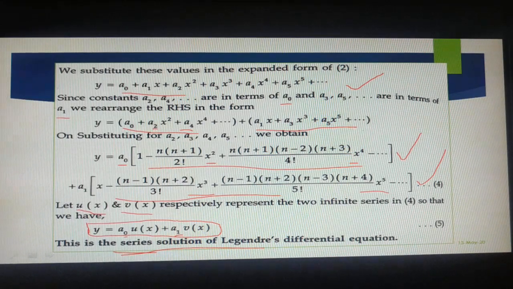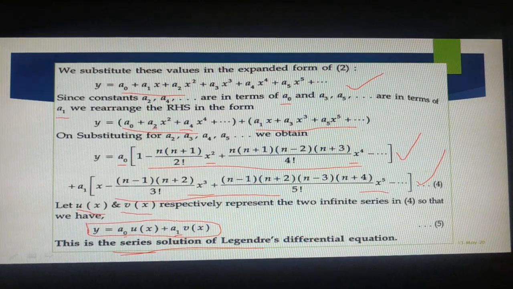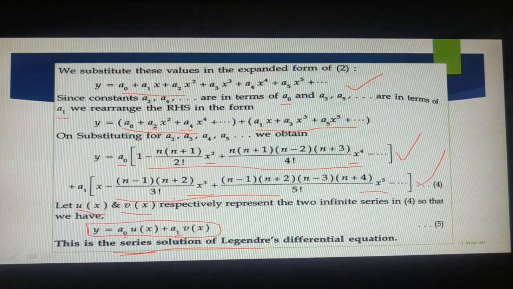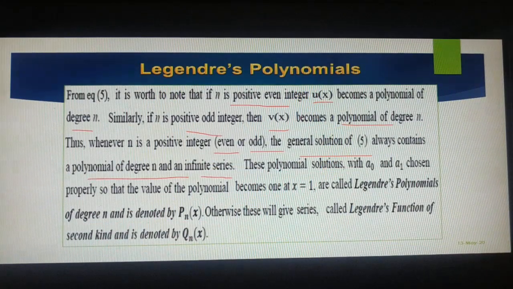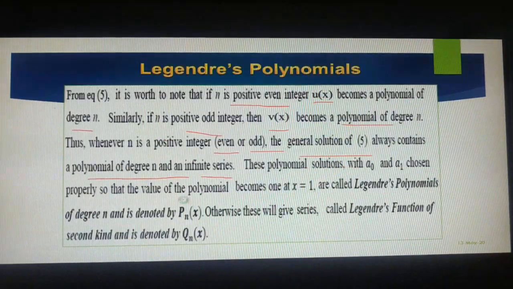Those types of polynomials are special polynomials, which here we are calling Legendre's polynomials. So let's try to understand this. Let's go to the next slide, we will understand carefully.